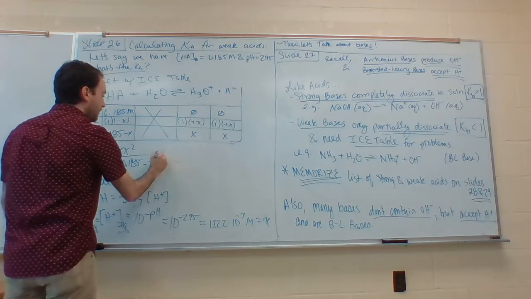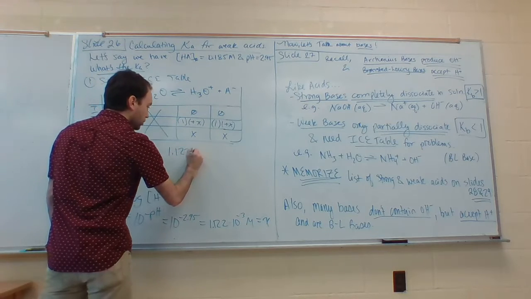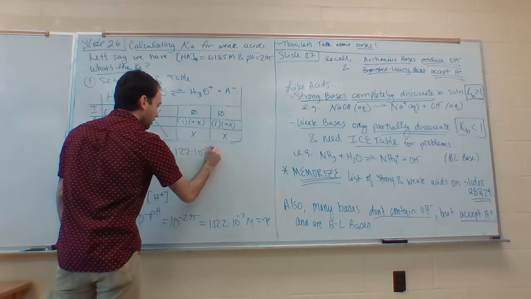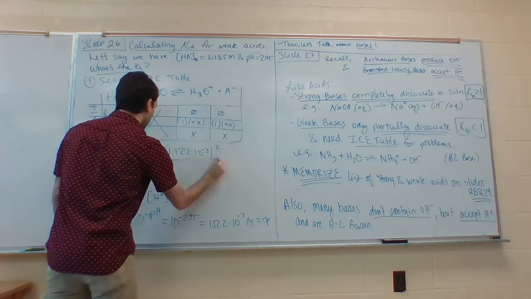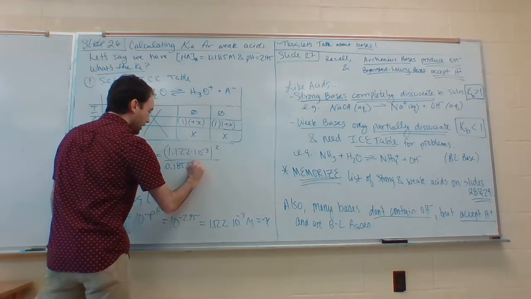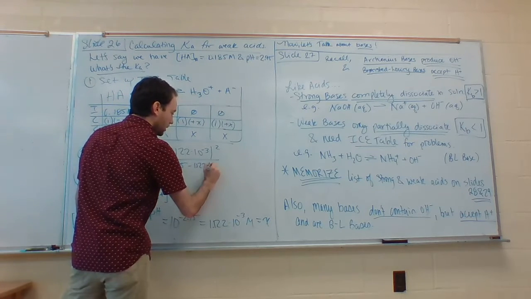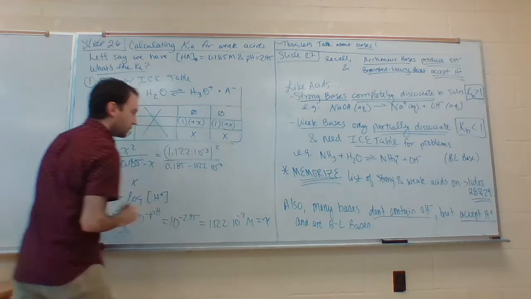So then I plug in that value of X, so I have 1.122 times 10 to the negative third raised to the second, all over 0.185 minus 1.122 times 10 to the negative third.